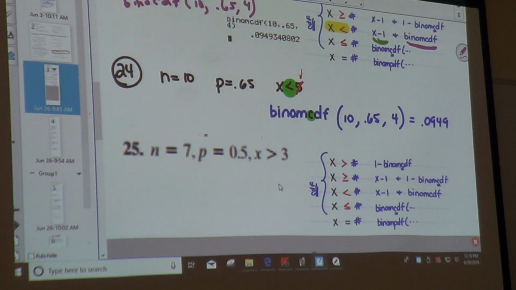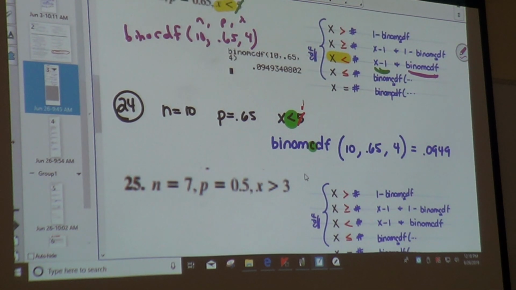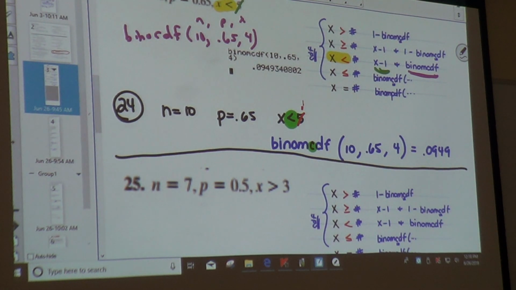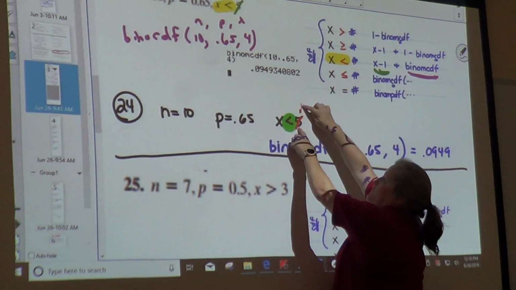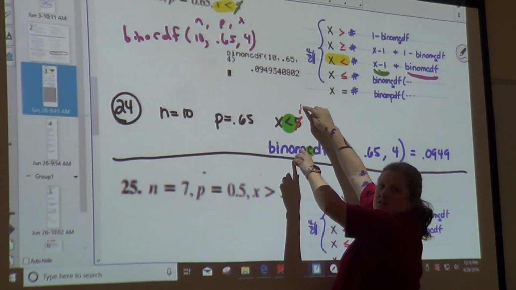I'm sorry, I know that we're on this other one, but I didn't get that for the first one. Okay, hold on, let me draw my line. 10, 0.65 and 4. Did you do normal CDF? Yeah, but I thought I needed to put a 4 in front of it because it was X minus 1. Now, X minus 1 just means that you are taking 1 away from the X. Okay, so I don't really need to do that.